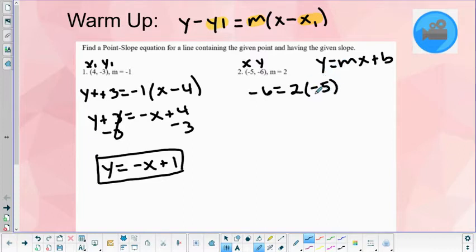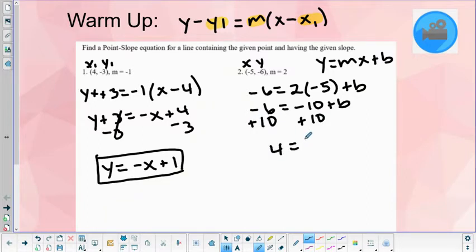Make sure you put that in parentheses because this is multiplication here, plus b. We're not sure what b is. Okay, if I go ahead and multiply these, I get -6 equals -10 plus b. All right, if I'm trying to solve for b, I need to do the inverse of the subtraction that's here, -10. So I'd have to add 10 to both sides. So I get 4 equals b.